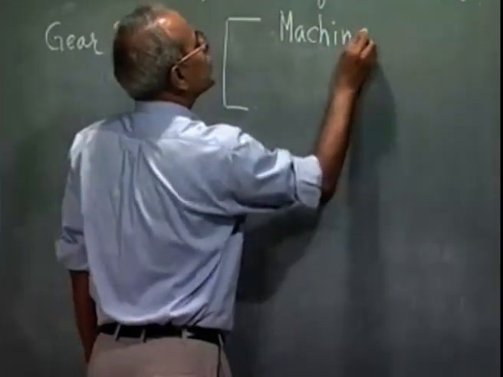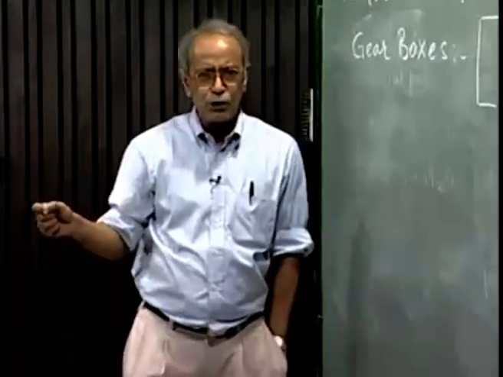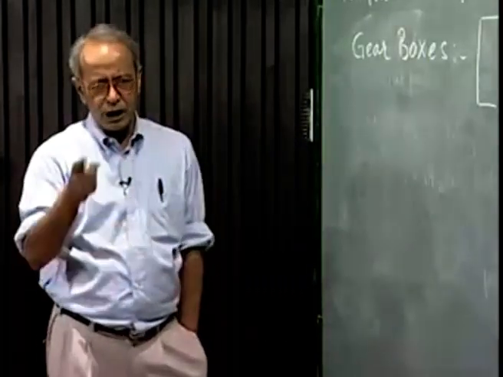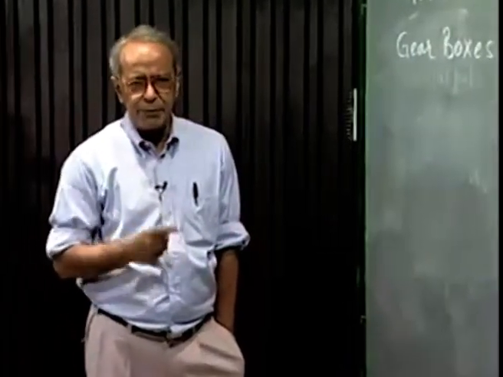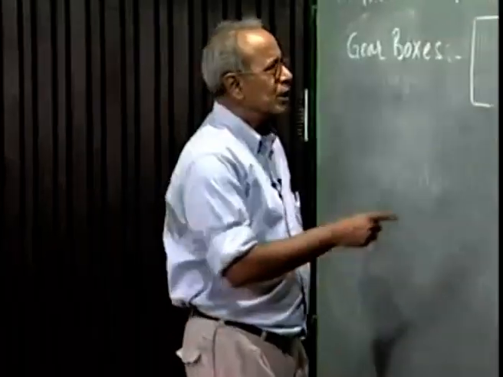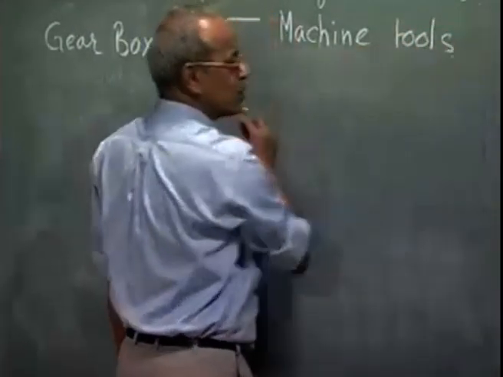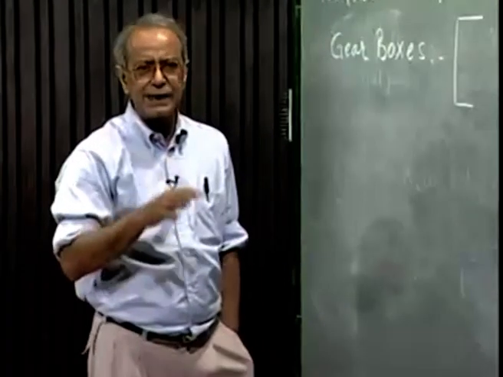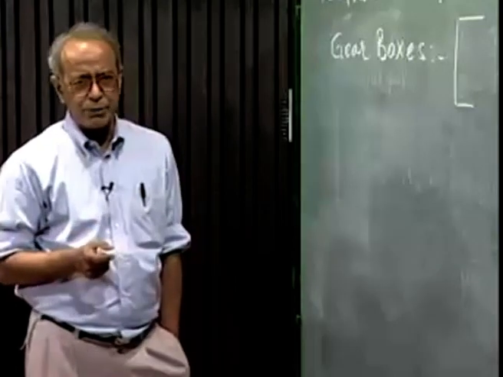The motor of the lathe machine rotates at a constant speed, but I want to get different output speed at the headstock, or I want to rotate the job of the machine at different speeds depending on the diameter of the job. So in machine tools we use a kind of gearbox where we bring the entire system to rest, change the gear engagement, and then again switch on the machine.